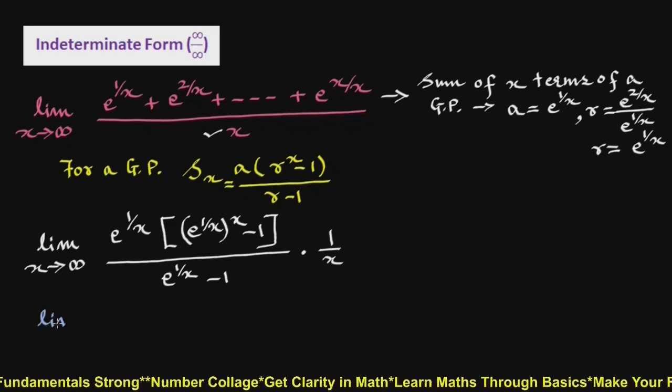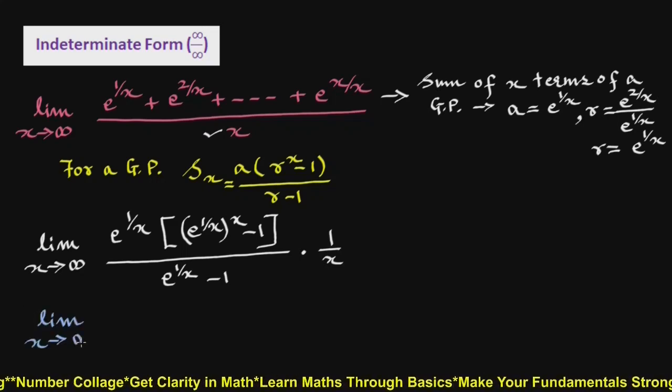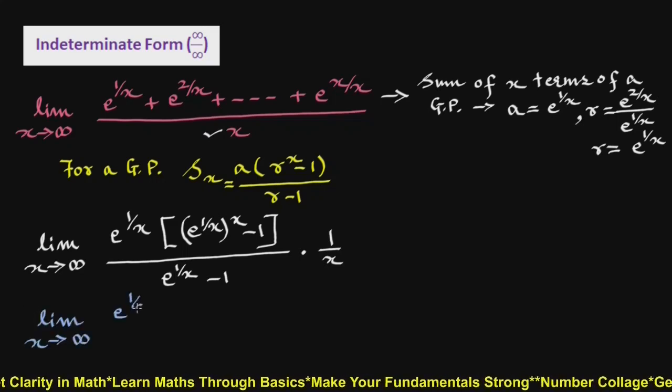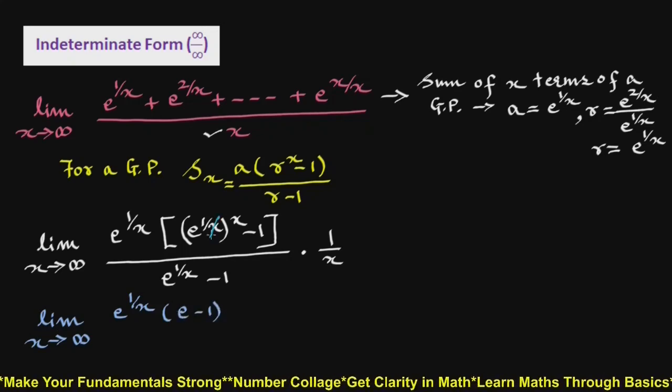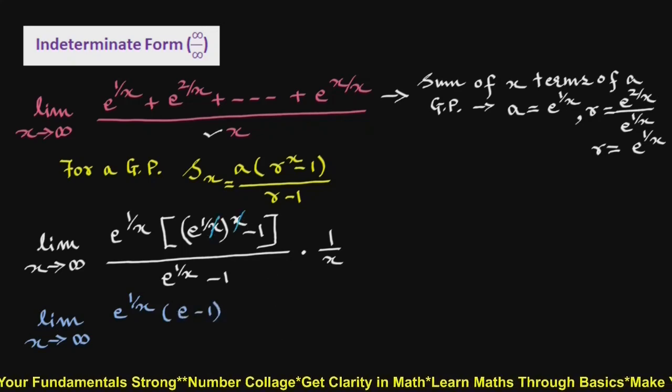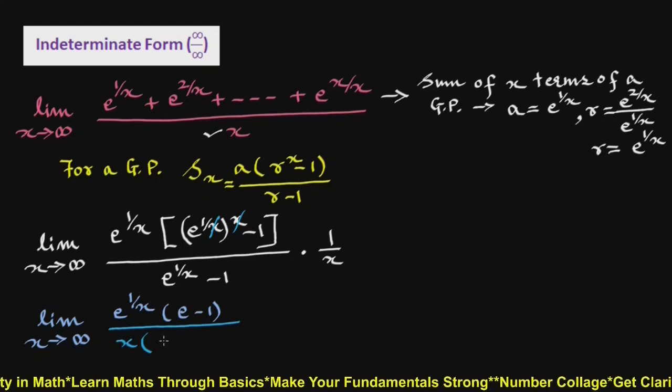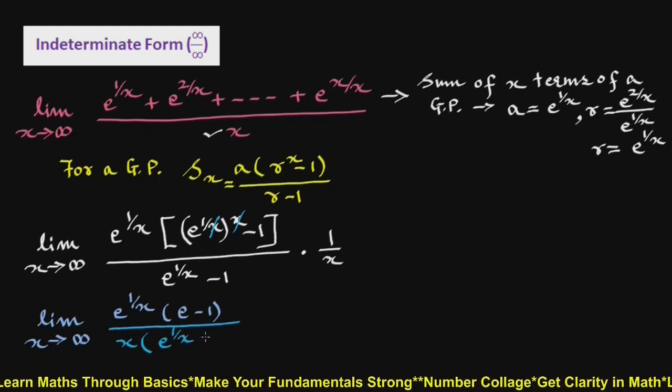Which is the limit as x tends to infinity of e raised to 1 upon x into e minus 1, after cancelling, upon x into e raised to 1 upon x minus 1.